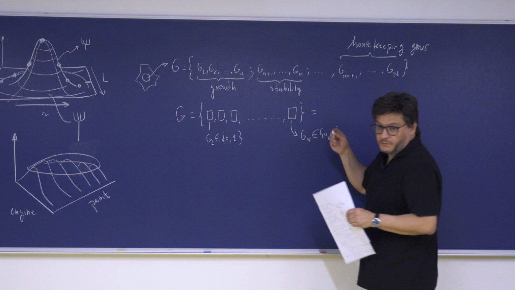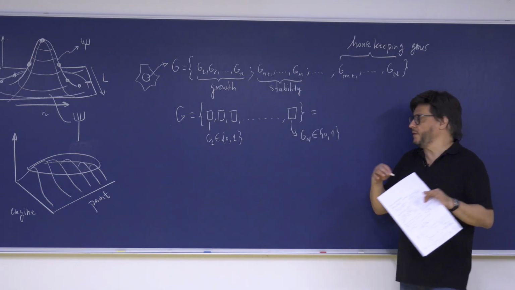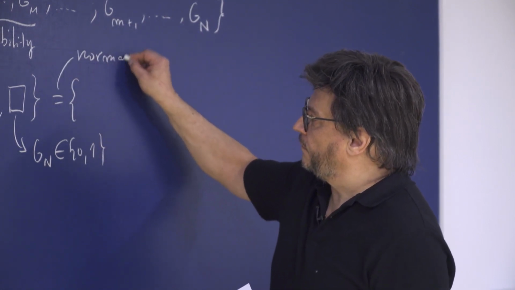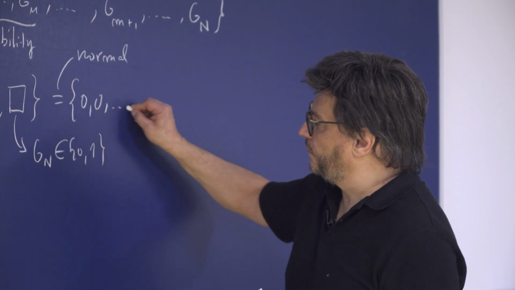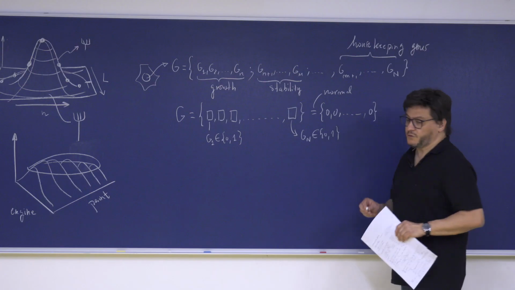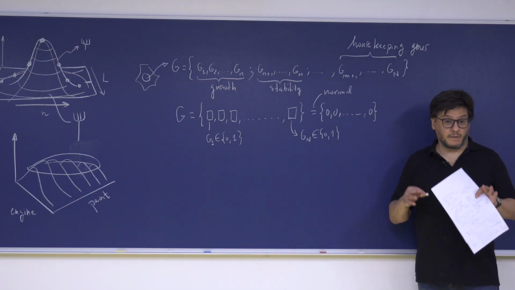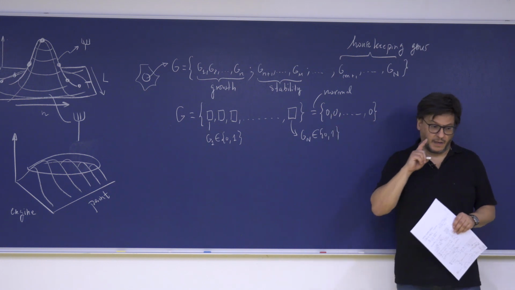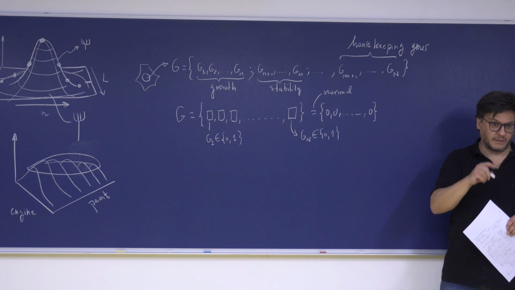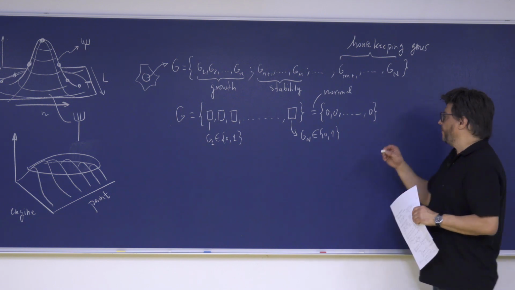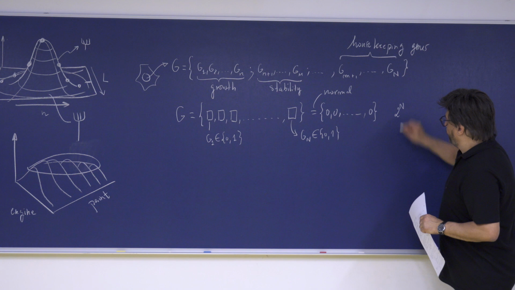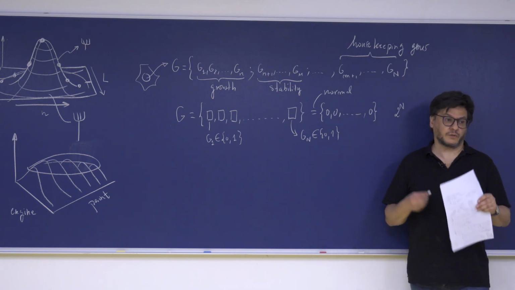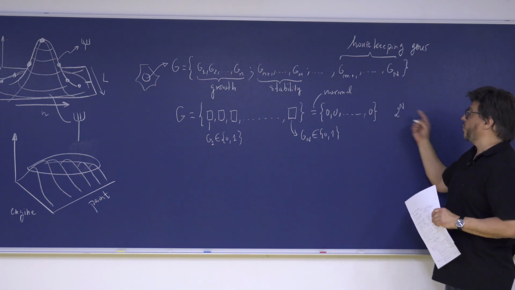So for example, a normal cell would be a string of zeros, but you can see any mutation here involves having a 1. And it's a large space of possibilities. It's actually 2 to the n possible strings, a number that grows quite fast as n grows.